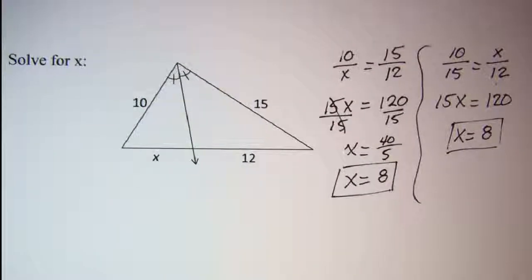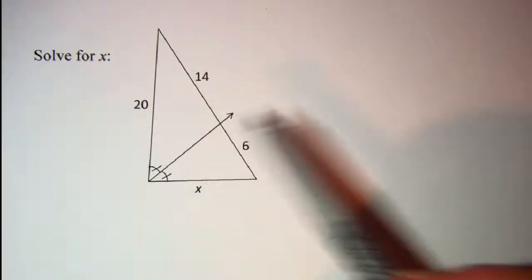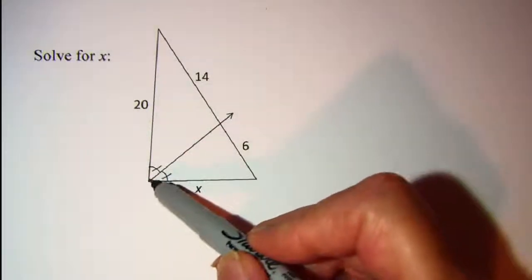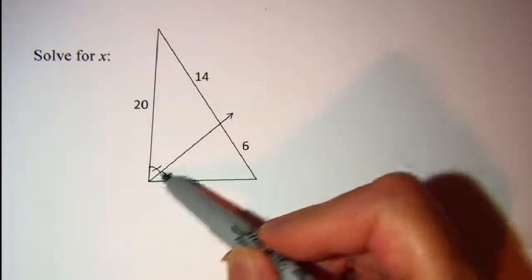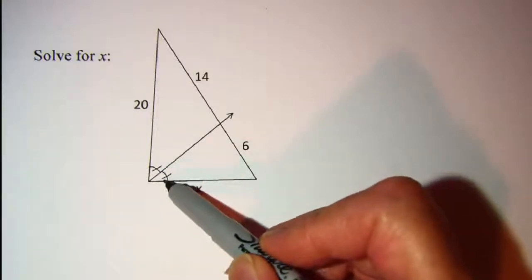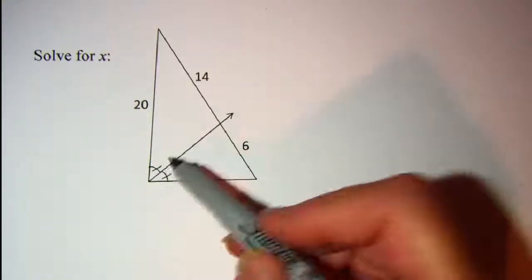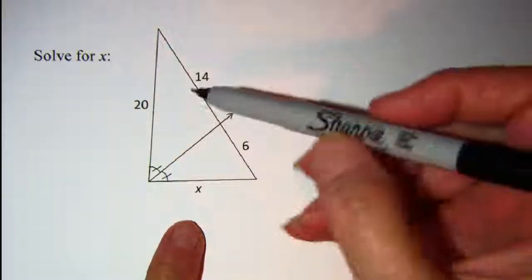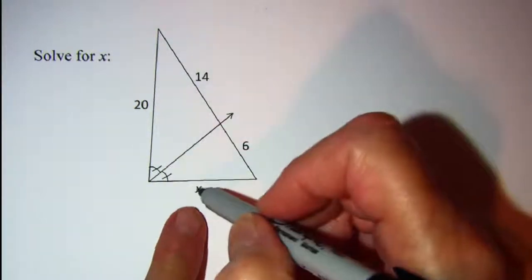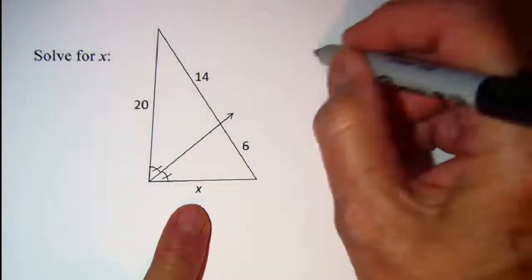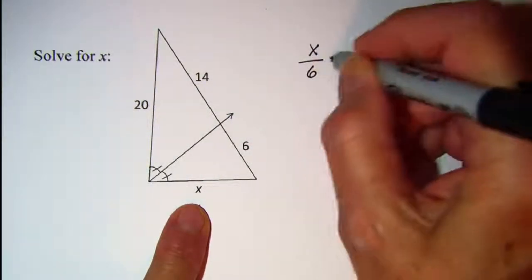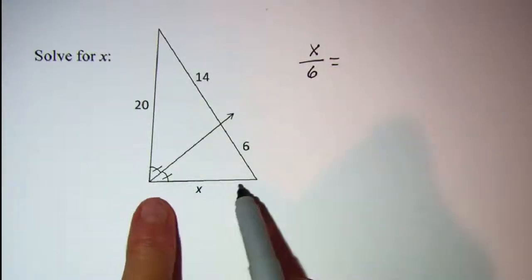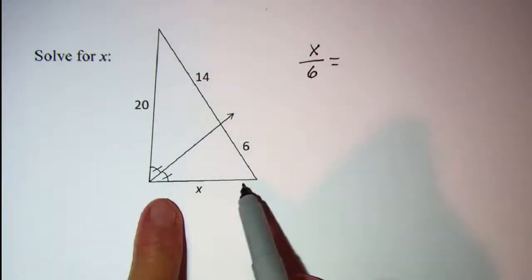Let's do another one. Okay, again we have a triangle, and we have the angle at this vertex being bisected. You can see that with the two arcs here. And so we can set up a proportion. We can do x is to 6 as, notice that x is one of the sides of the angle that's being bisected.